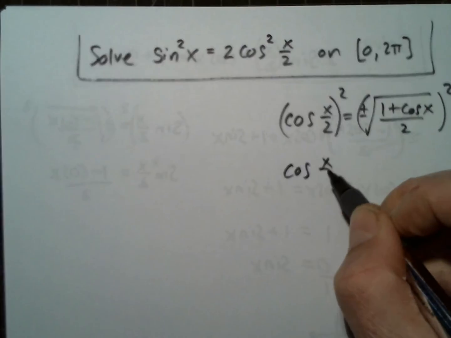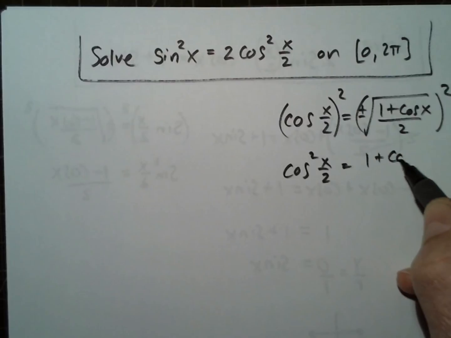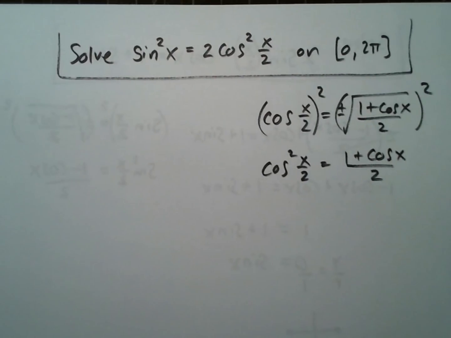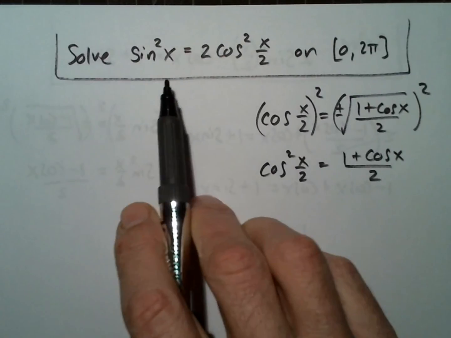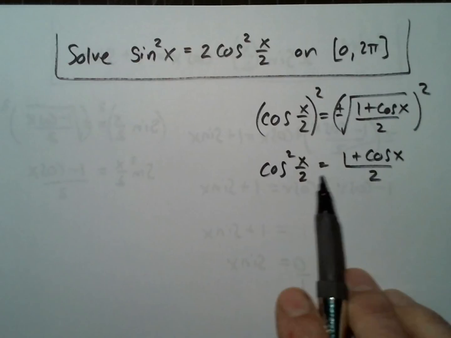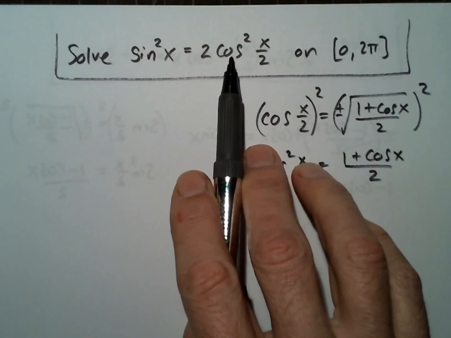And we know that this is going to be 1 plus cosine over 2. Wherever we see cosine squared x over 2, we'll replace it with 1 plus cosine over 2. So this is going to be 1 plus cosine over 2.